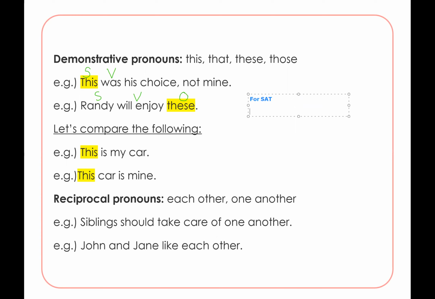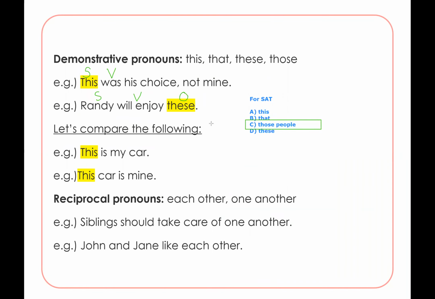So let's say today, if A says this, B says that, C says those people, and then D says these, chances are you would do well if you go with answer C, even without reading the sentence itself, because for SAT, whenever you use this, that, these, those, the demonstrative pronouns, you want to make sure you're referring to a specific antecedent. All right, so you would want to choose this.